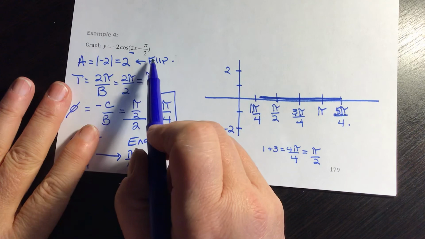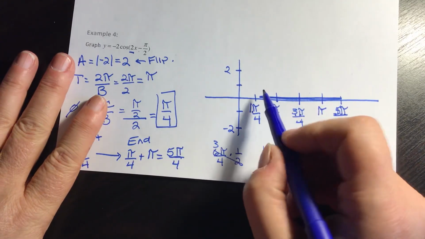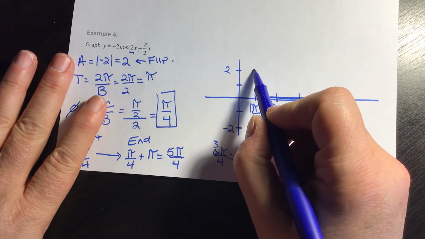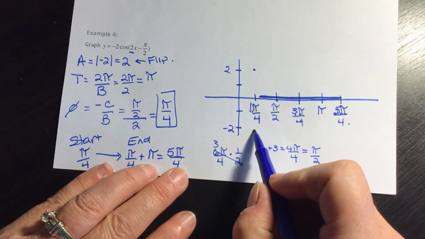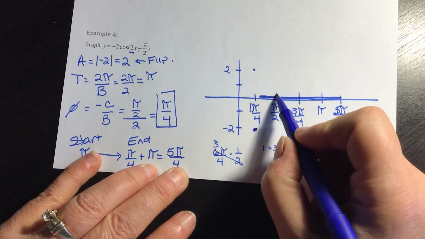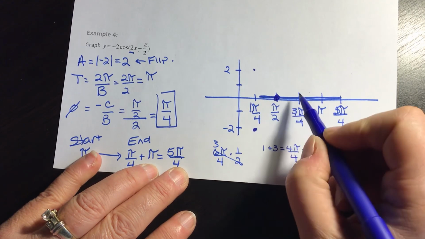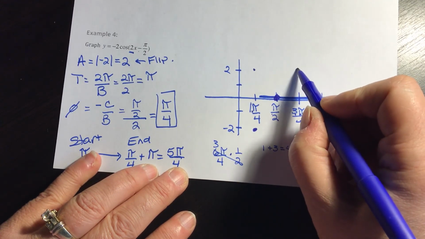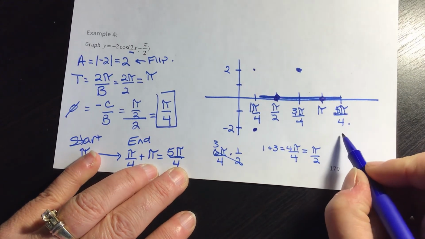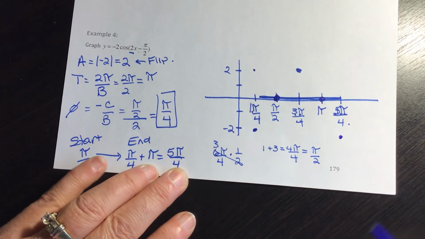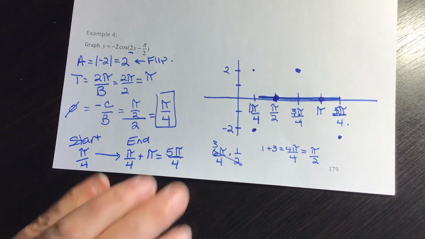All right, so I'm going to flip cosine. If this were cosine, my first point would be up here, but I'm going to flip it so it's down here. And then my next point is at the axis. My middle point is at the maximum, back to the axis, and then back to the minimum.